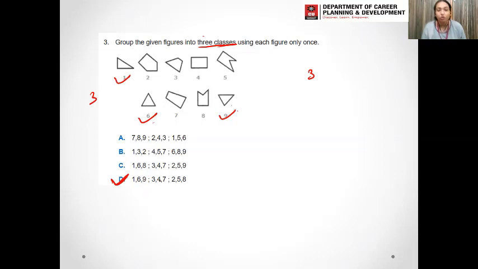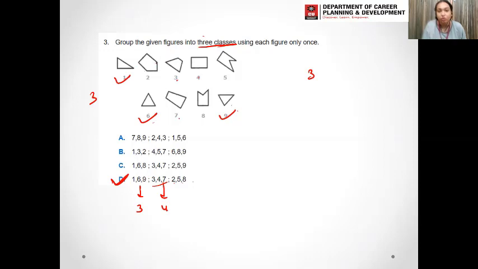But if you want to check, look at the other options. Sorry, 3, 4, 7. The third one has 4 sides, the fourth also has 4 sides, and the seventh also has 4 sides. So 3, 4 and 7 have 4 sides, while the other group has 3 sides. Let's check 2, 5 and 8.